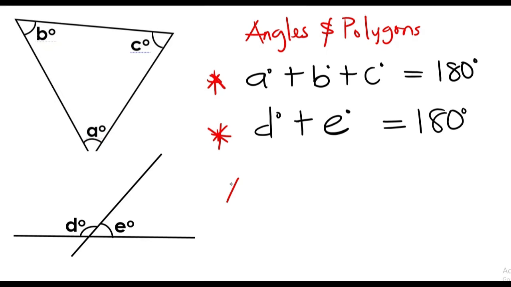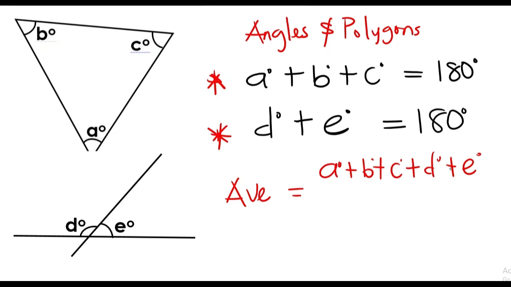Now we should remember that we established that the average is A plus B plus C plus D plus E all over 5.